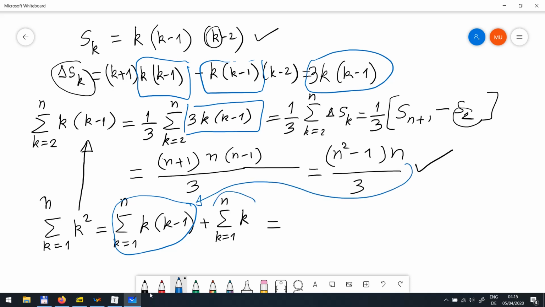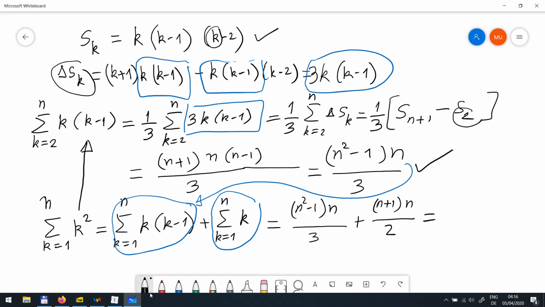And I also know how to deal with this. So if I write this expression, for the first one I will have n squared minus 1 times n over 3. And for the second, you already know the answer. It is n plus 1 times n divided by 2. You simplify this and you should get your answer.